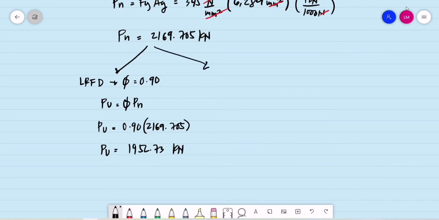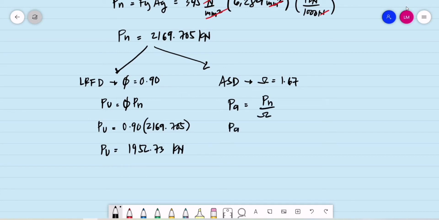Then if we proceed to the ASD, under ASD the factor of safety under GSY, or the gross section yielding, is 1.67. So the allowable load will be equal to the nominal load divided by the factor of safety.